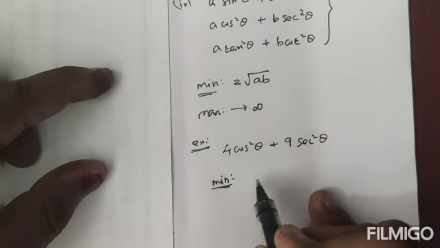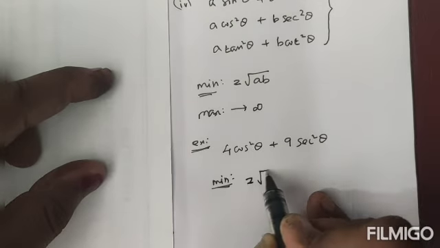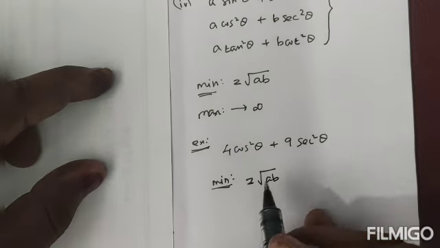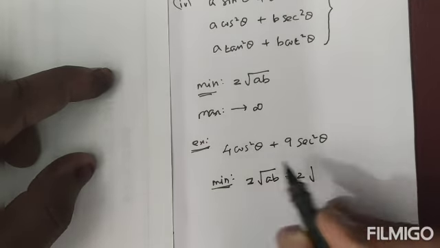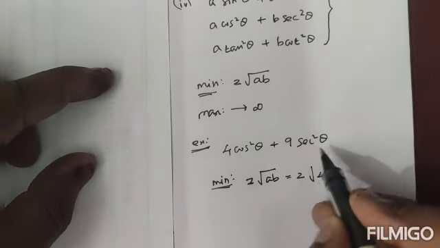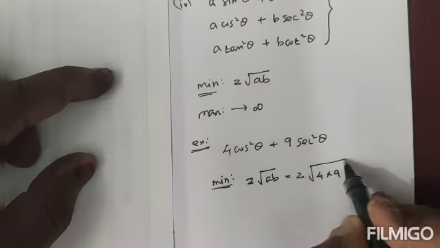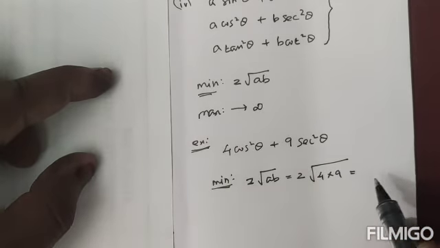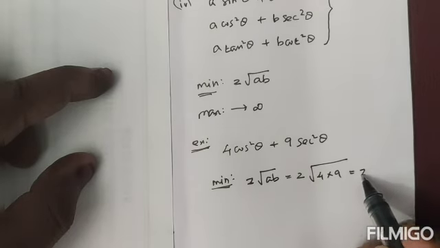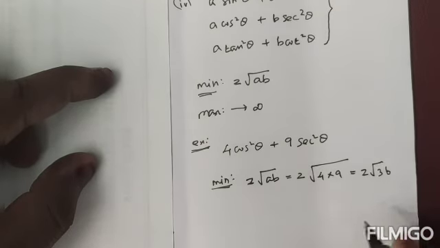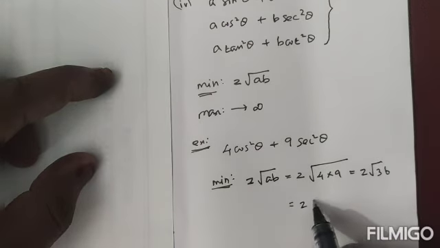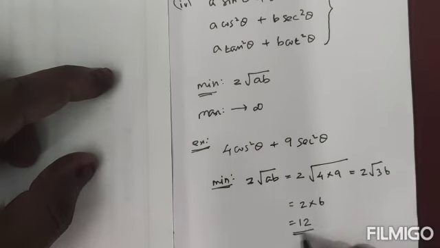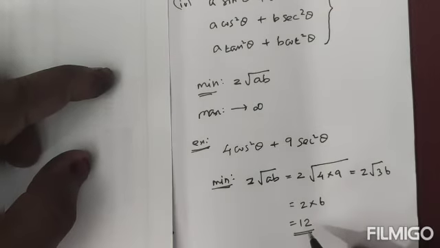The minimum value formula, you know, is 2 root of AB. So we can write 2 into root of, A value is 4, then B value is 9. So 4 into 9 is 36, so 2 root of 36. Root 36 we can write 6. So 2 into 6 is equal to 12. So this is the minimum value.